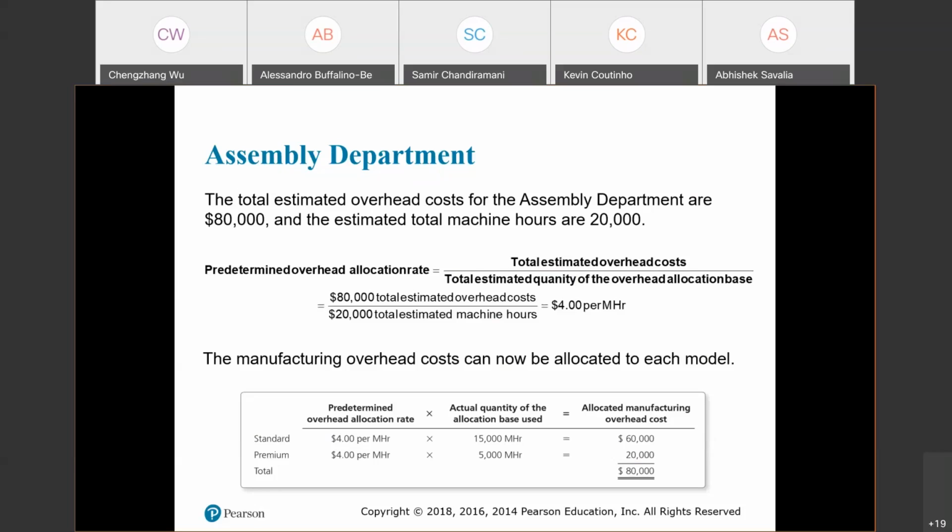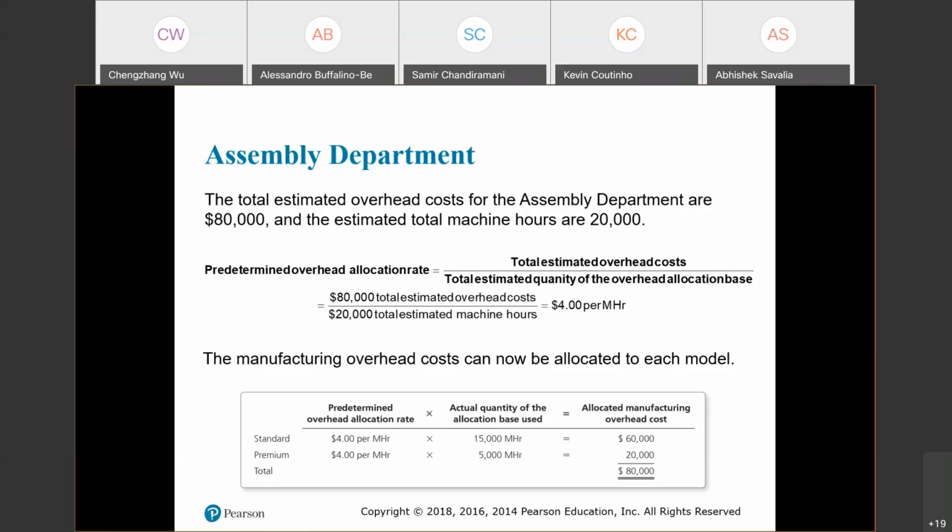So for the first department, the total overhead incurred is 80,000. So this is how we allocate $80,000 to each different model.